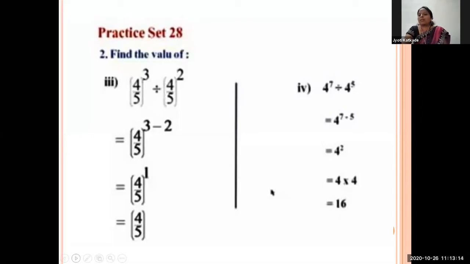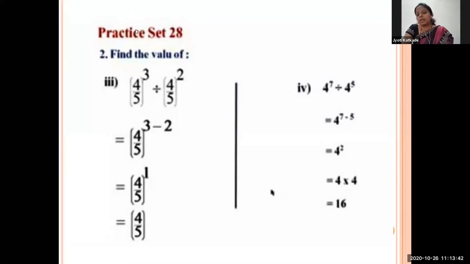When the power is 2, or any number, if there is 3, then take 3 times multiplication. Here the power is 2, take 2 times multiplication, that is 4 into 4. 4 4s are 16. So the answer is 16. Do all of you understand all the examples?